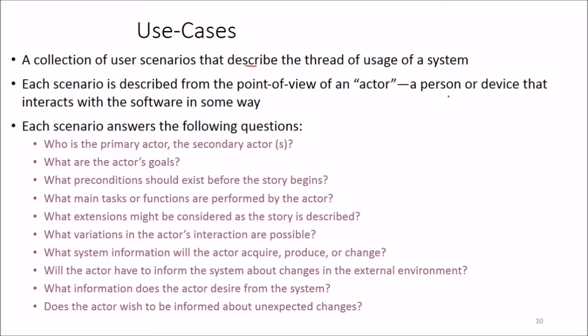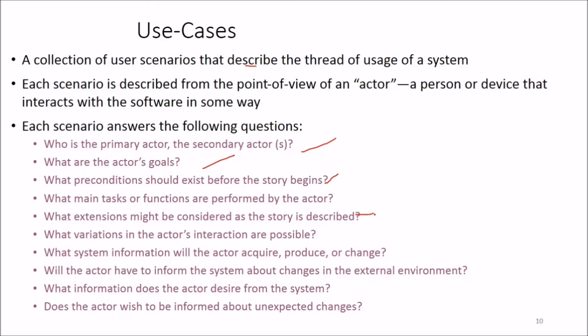Then each scenario answers the following questions. Who is the primary actor? The secondary actor or actors? What are the actors' goals? What preconditions should exist before the story begins? What main tasks or functions are performed by the actor? What extensions might be considered as the story is described, and what variations in the actor's interactions are possible?